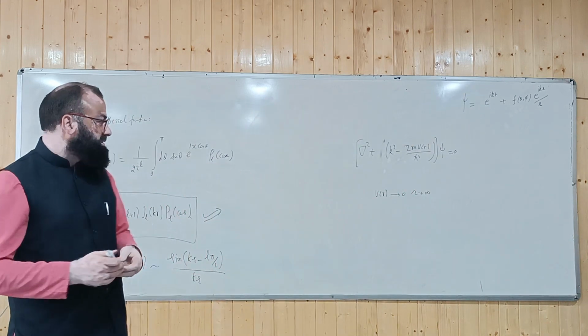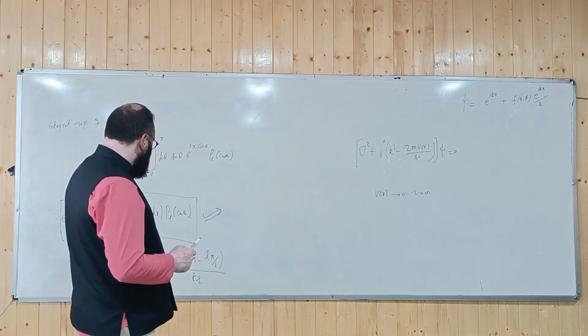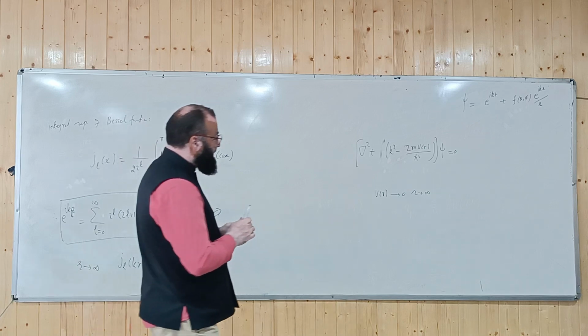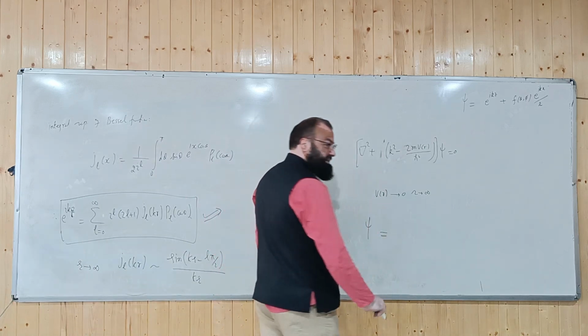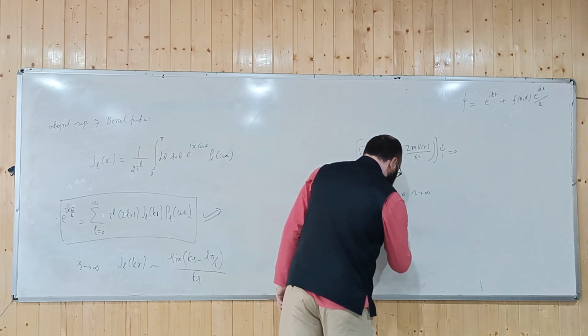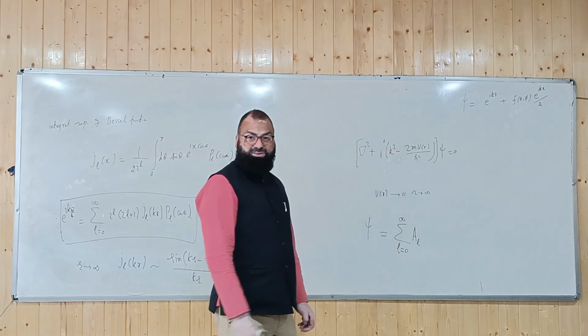So let's write the wave function. This psi I can write as the summation of L equal to 0 to infinity of A L, where A L is a constant which we need to figure out.